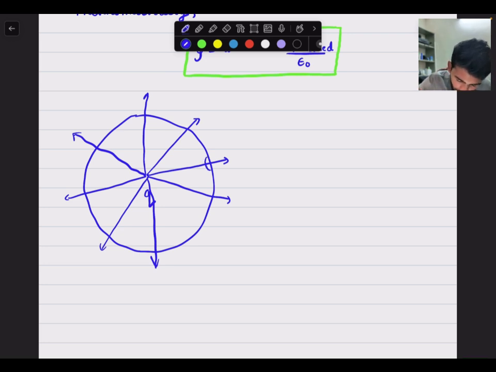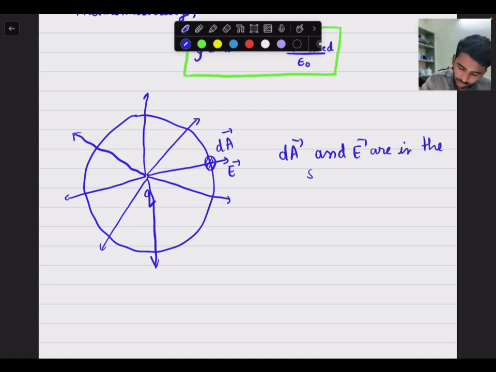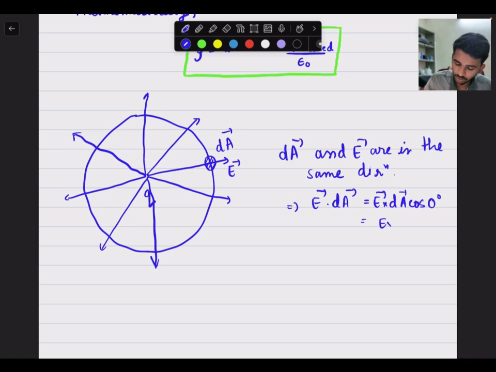So if we take a differential dA bar at this point, we can see that the E bar and the surface are perpendicular, which means the dA bar and E bar are in the same direction. So E bar dot dA bar is nothing but E bar into dA bar cos 0, which is nothing but E into dA.